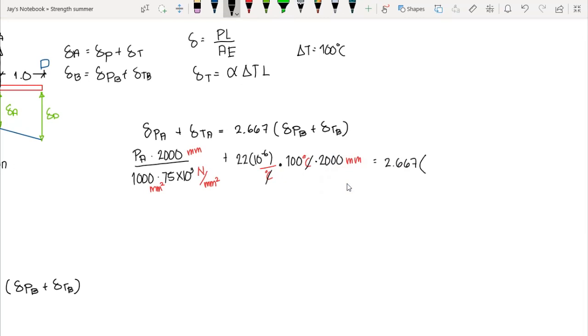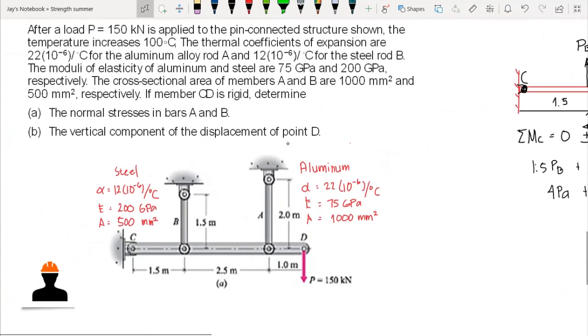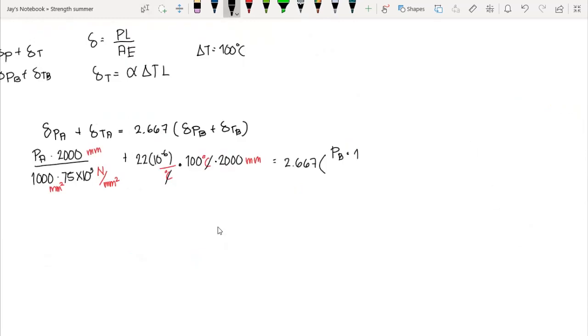2.667 times the deformation due to axial load at B, that is PB, since PB is unknown, times the length of our bar B, that is 1.5 meters, or 1,500, over the area, that is 500 square millimeter, times the modulus of elasticity, that is 200 times 10 raised to the 3, plus the deformation due to temperature.